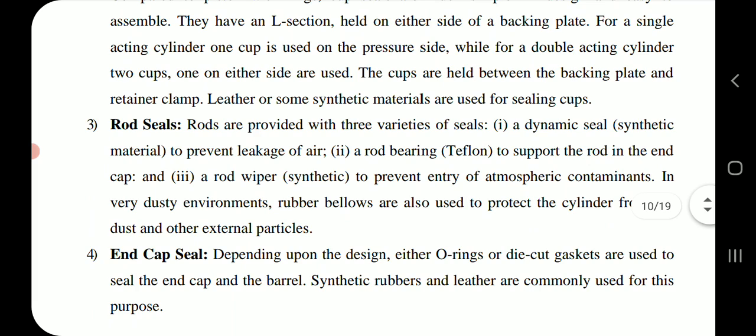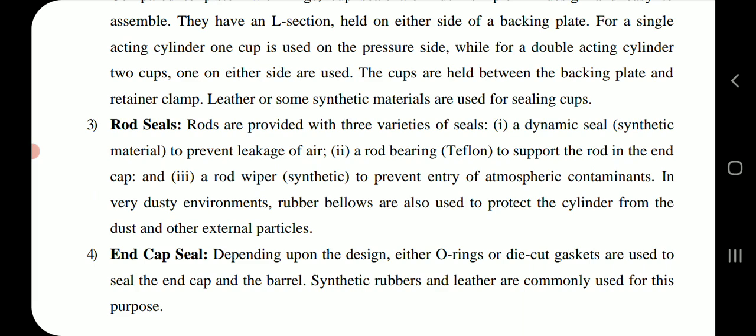Rod seals. Rods are provided with three varieties of seals: a dynamic seal, synthetic material to prevent leakage of air, a rod bearing, Teflon, to support the rod in the end cap, and a rod wiper, synthetic, to prevent entry of atmospheric contaminants.